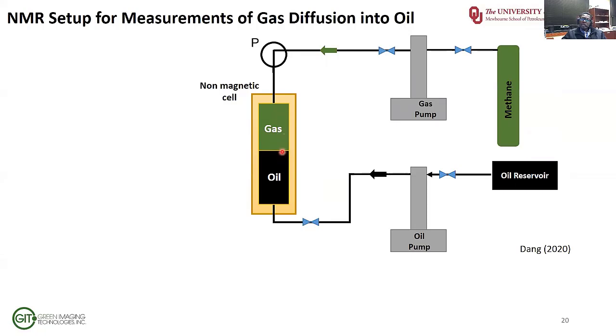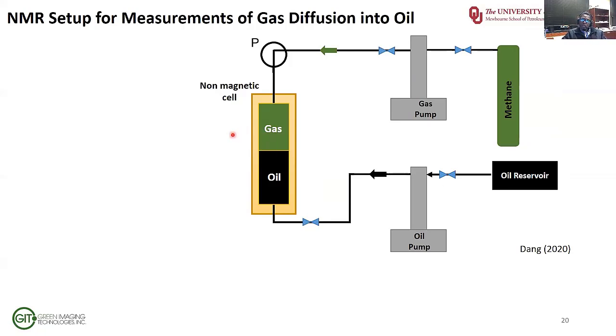And the oil and gas phases will be maintained at the same pressure using these pumps. Why are we maintaining them at the same pressure? So that the mixing between the oil and gas phases will not be driven by a pressure gradient, but by a concentration gradient, and so by diffusion. And from there, we can extract the diffusion coefficient of gas in the oil phase. Actually, we can even get the vaporization coefficient as well.